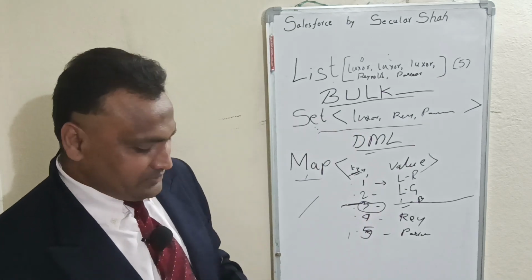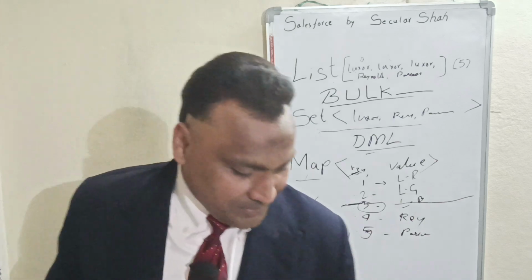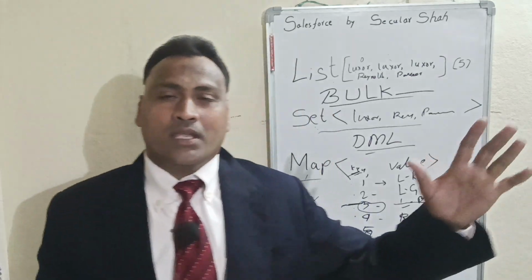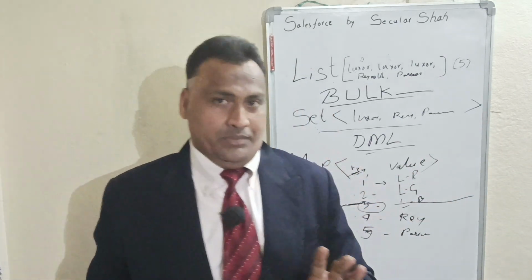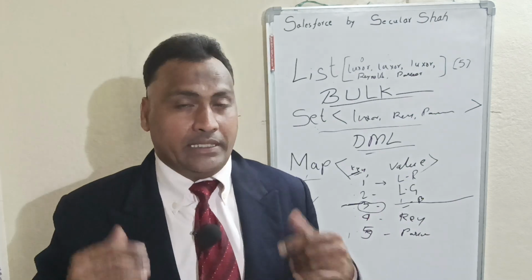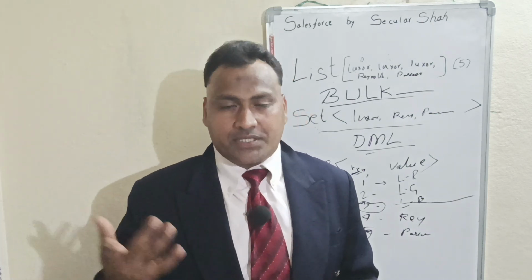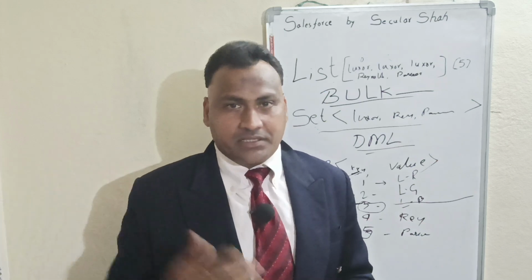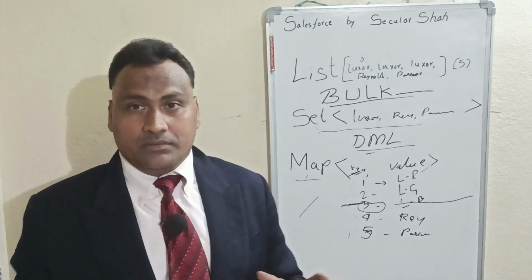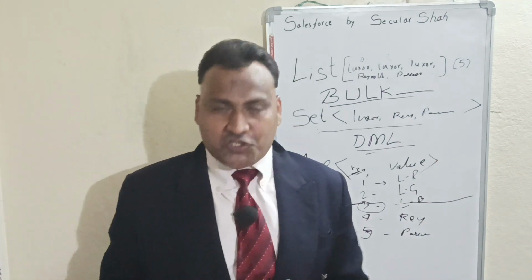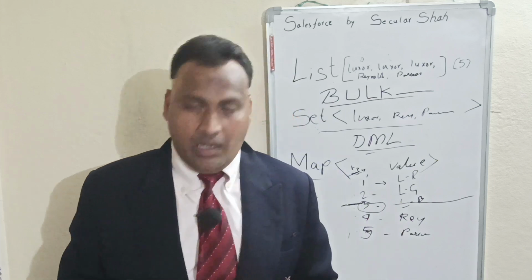And in Salesforce Apex triggers, you have old map and new map. That is also an important topic that I have to explain to you, maybe in the next or the one after. Let us talk about the context variables of Apex triggers.